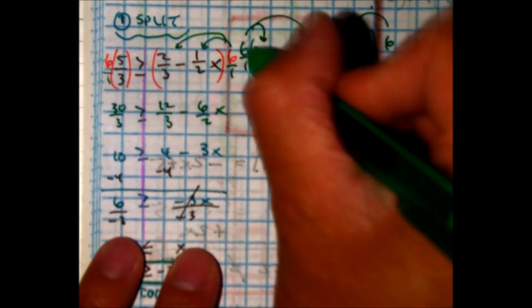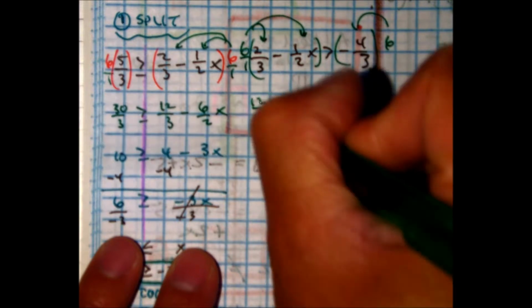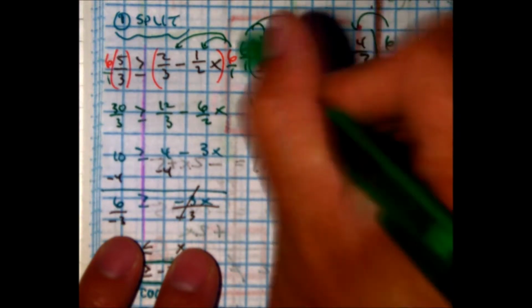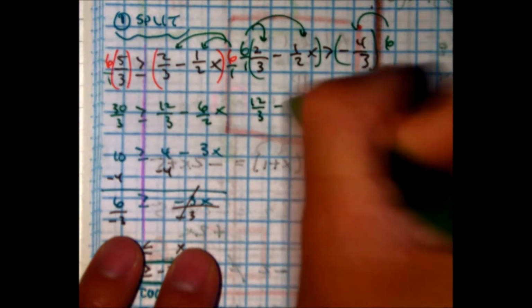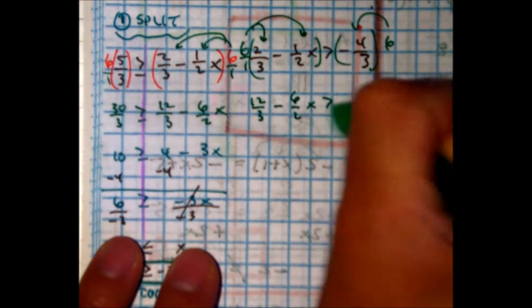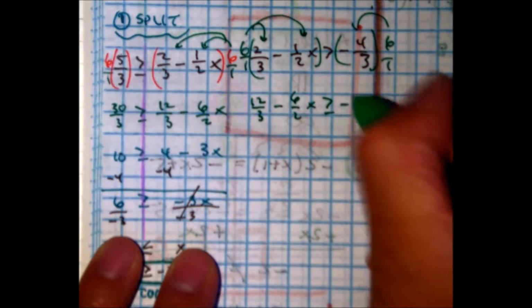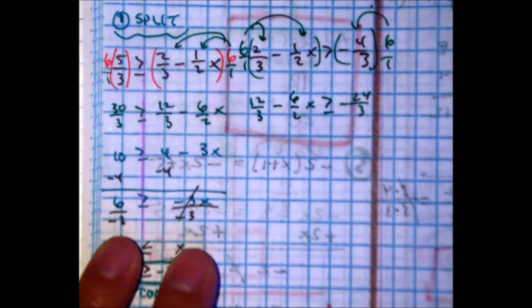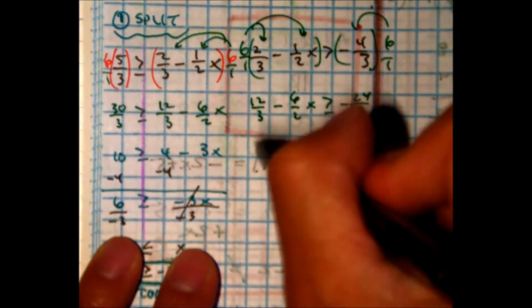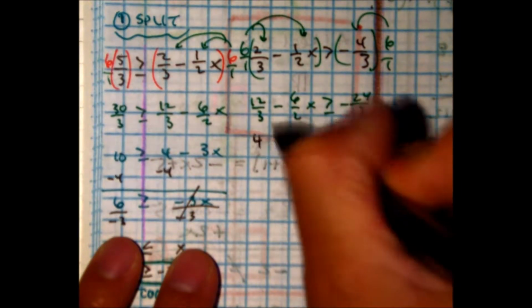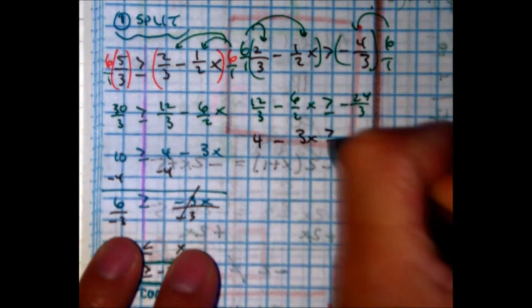Let's multiply across, you get 12/3. Over here, that's 6 times 1, 1 times 2. This one's going to be negative 24/3. Then I'm just going to reduce my fractions. 4 minus 3x greater than or equal to negative 8.